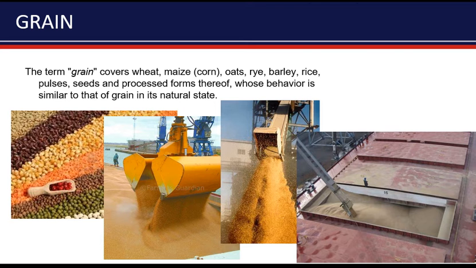Examples are wheat, maize, oats, rye, barley, rice, some seeds, and if we need to adhere to the grain code, it's loaded as a bulk cargo, so without any outer packaging. Here we see spout trimming, the last amount of tons finishing up this hold.